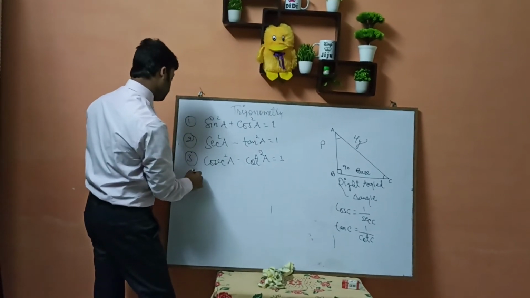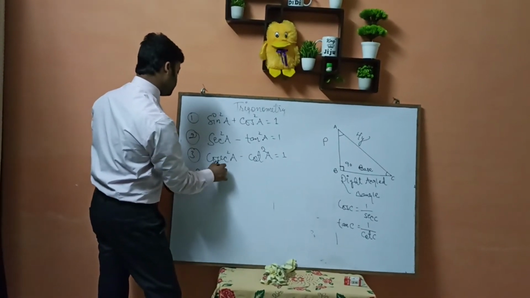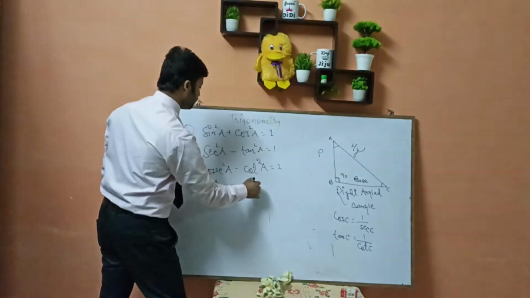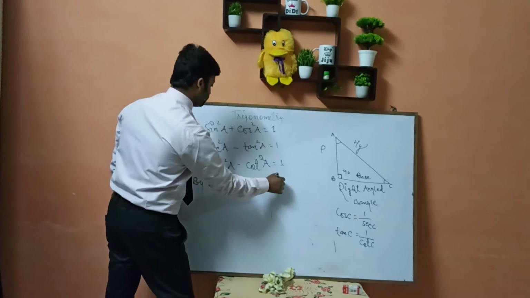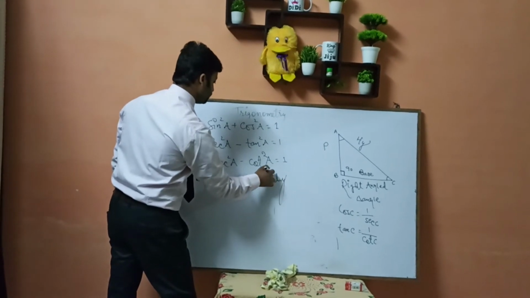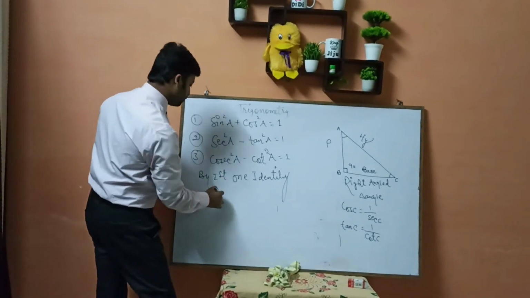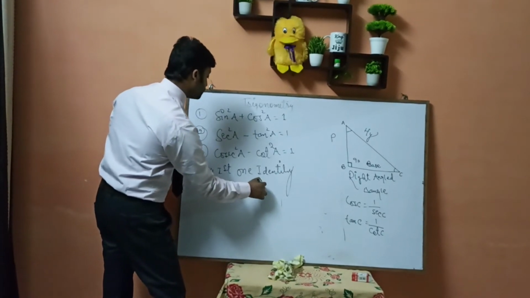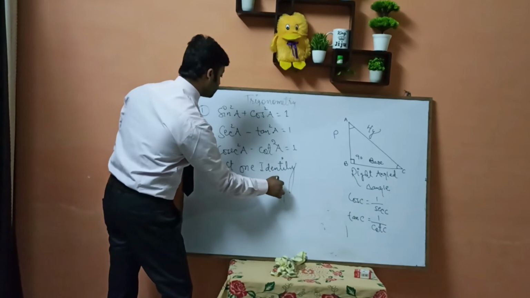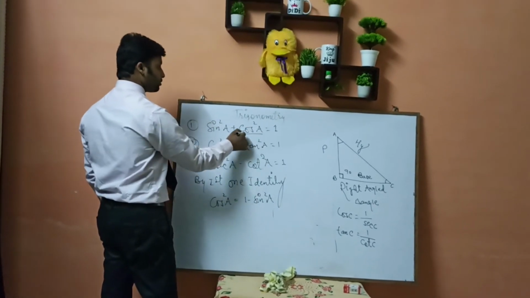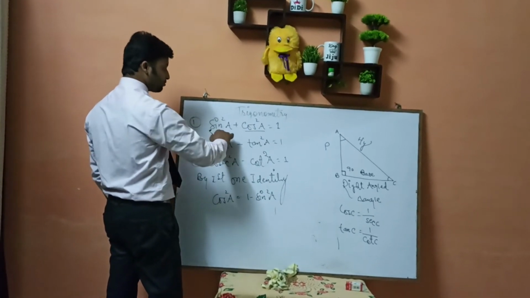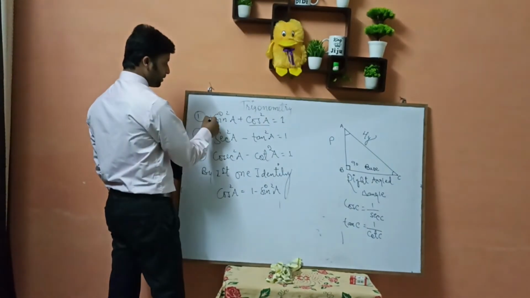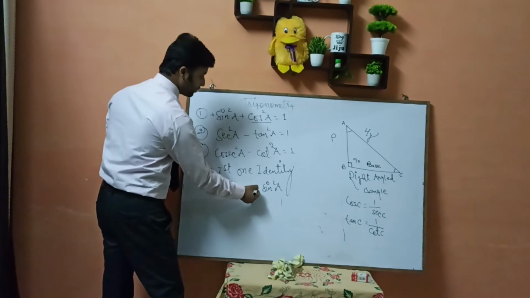By the first identity, we can write here cos square a equal 1 minus sin square a. Is it clear? Cos square a is to be taken on the left and sin square a goes towards the right side. Its sign is plus, so it converts to the minus sign.